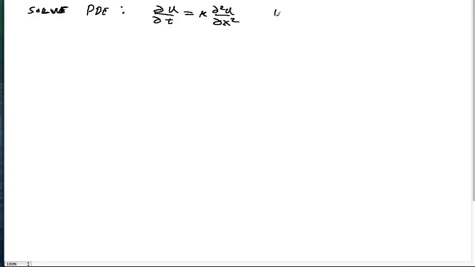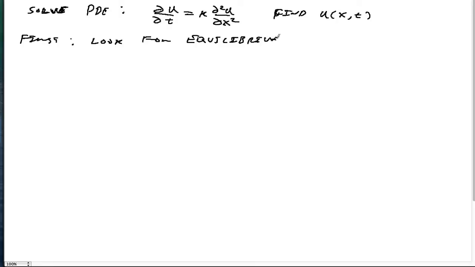So again, in general, we would want to find u as a function of both time and space. Usually we write space first, x comma t. But what we're going to do first is look for equilibrium conditions, or equilibrium solutions.